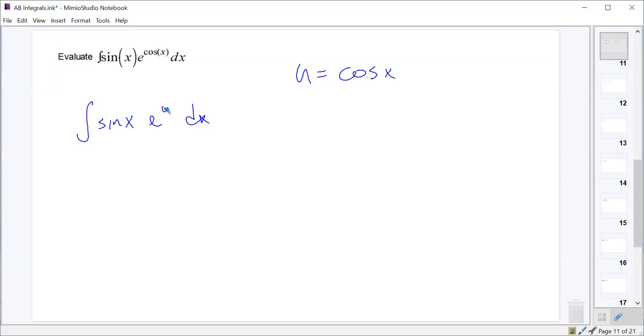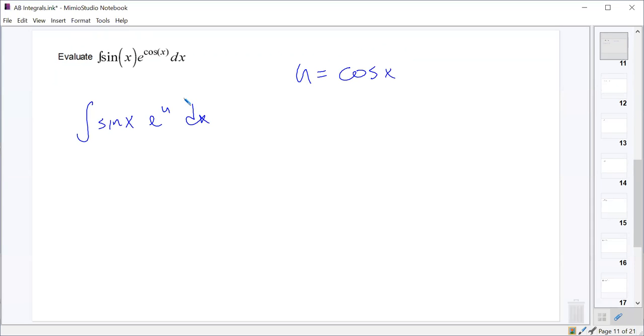We intentionally got rid of some of the x's and turned it into u, so we want to turn everything else into terms of u also, including this dx. How do we turn that dx into a du? Any thoughts?